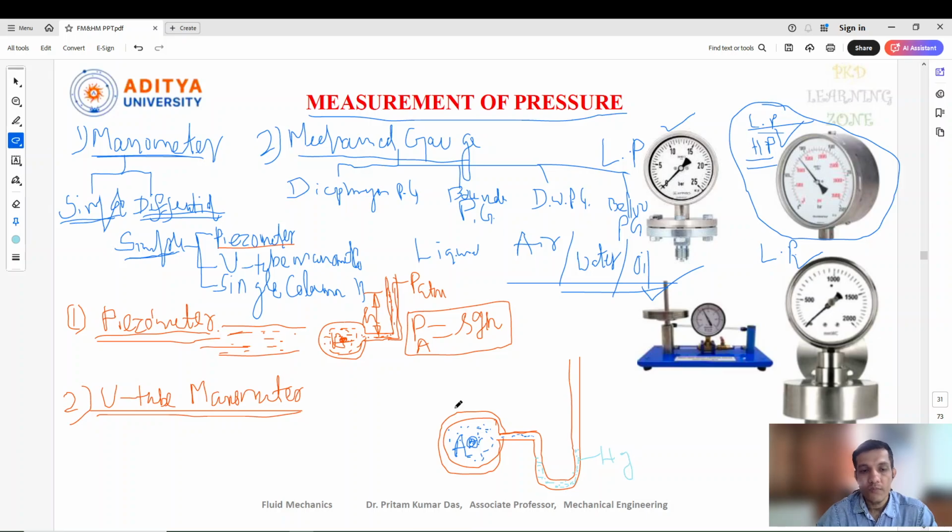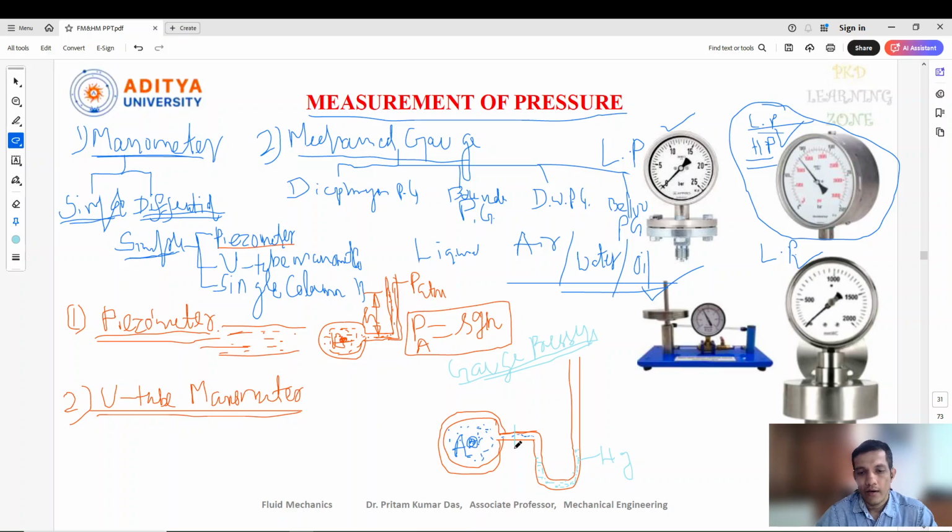This diagram is for gas pressure. At the initial condition, the mercury and the liquid in the pipe are in normal condition before flowing.